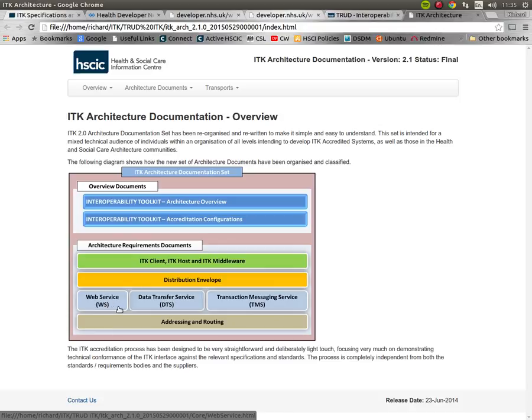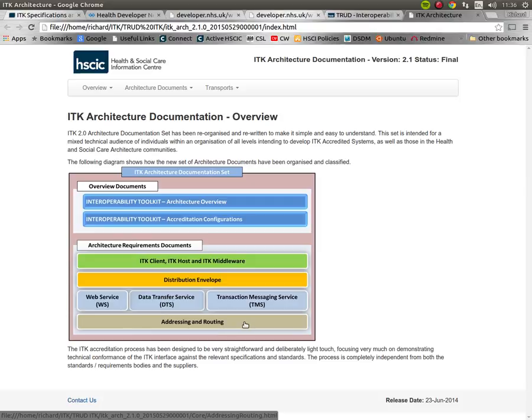But I guess to date, predominantly the focus has been on web services, but there's now a clear move to implement and to use the national infrastructure, the infrastructure that's used by the spine services, so to use the transactional messaging service, TMS. And there's also a routing and addressing specification, which is predominantly for the use of middleware and intermediary type systems.